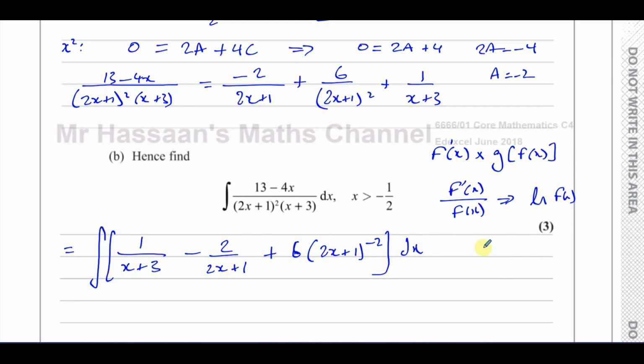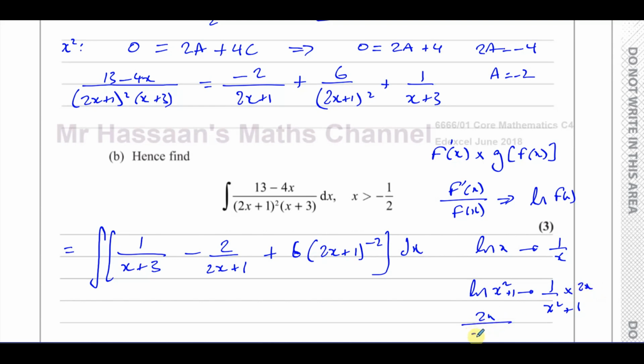The reason for that is, for example, if I have the ln of x and I differentiate it, I get 1 over x. And if I have the ln of x squared plus 1, let me put it as x squared plus 1 to make it clearer, and I differentiate it, I get 1 over x squared plus 1, then multiply by 2x.